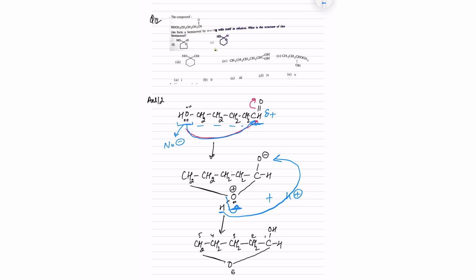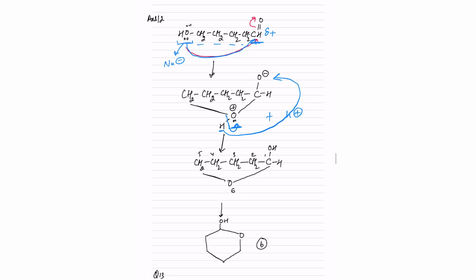When it does so, your molecule becomes something like this. Here you have a lone pair, and OH. This is how your molecule will look, which is nothing else but the cyclic hemiacetal. So this is the hemiacetal which will be formed, which is your option number B.